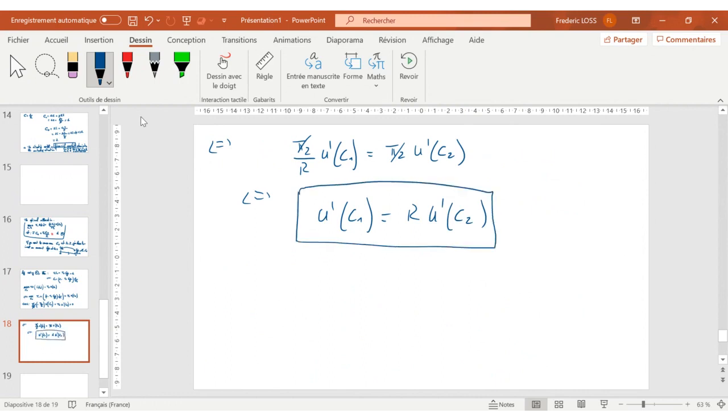So this equality allows us to characterize the optimal choice of consumption by an individual. Okay. So this relation indicates what the optimal amounts of consumption are.